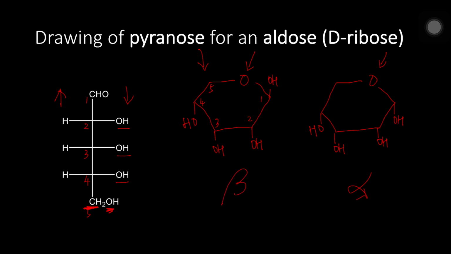Remember, alpha and beta refer to this hydroxyl group. When this OH is down, like how you write alpha, this is the alpha anomer. When this OH is up, like how you write beta, this is the beta anomer.